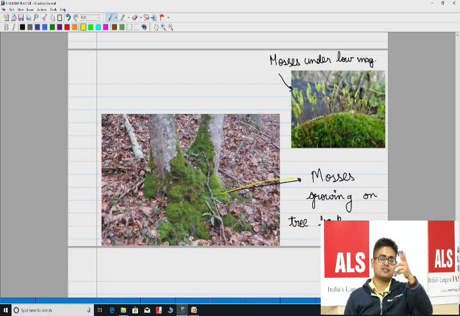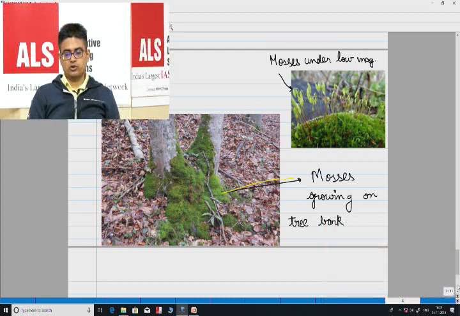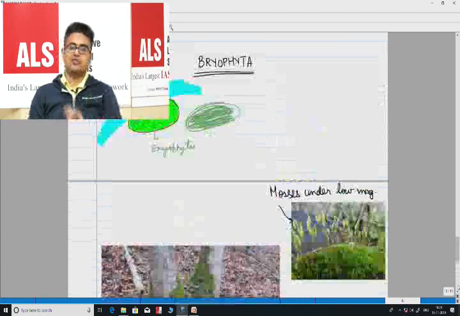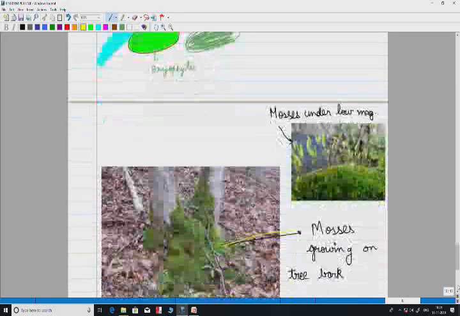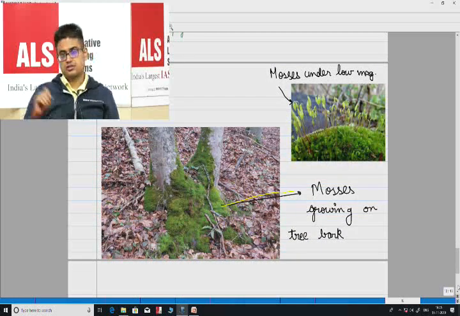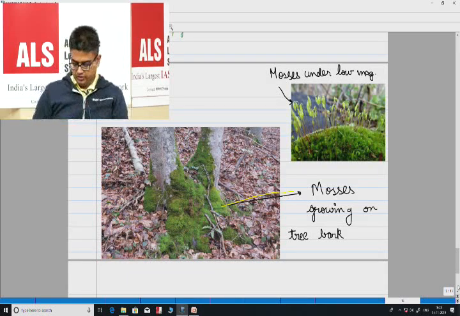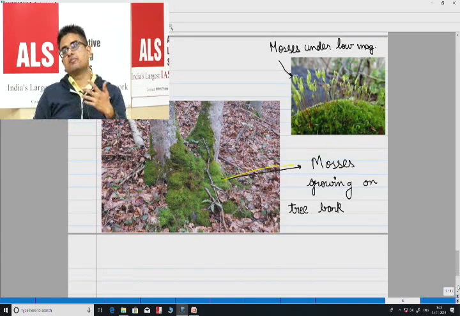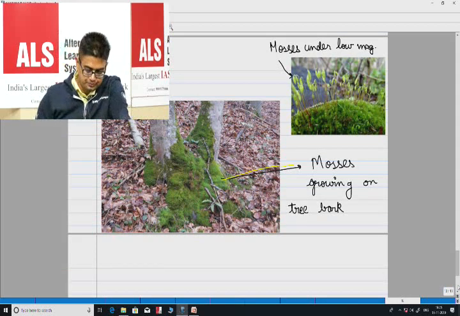In the last class, last week, I asked whether you had seen bryophyta, but nobody was very sure, though I had shown you this kind of diagram. If you see it under low magnification, you will see the right kind of image. Let me give you the characters of bryophyta, then we'll complete the life cycle, and then move on to the next plant group.